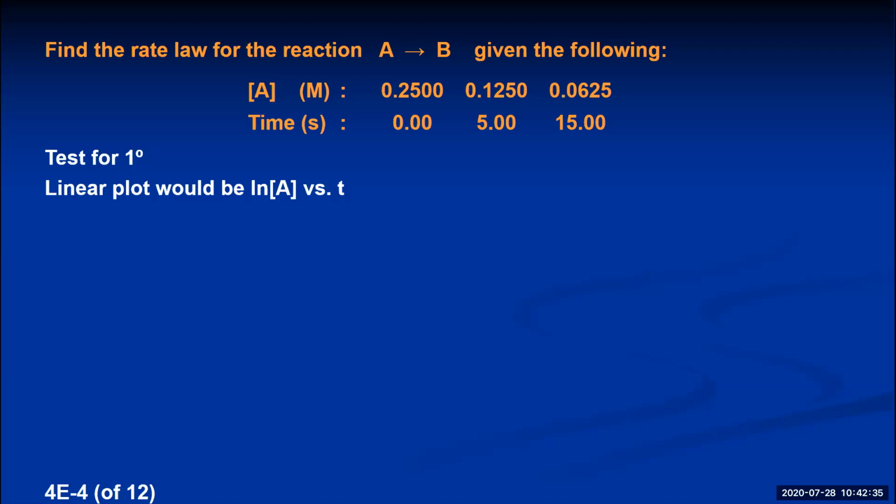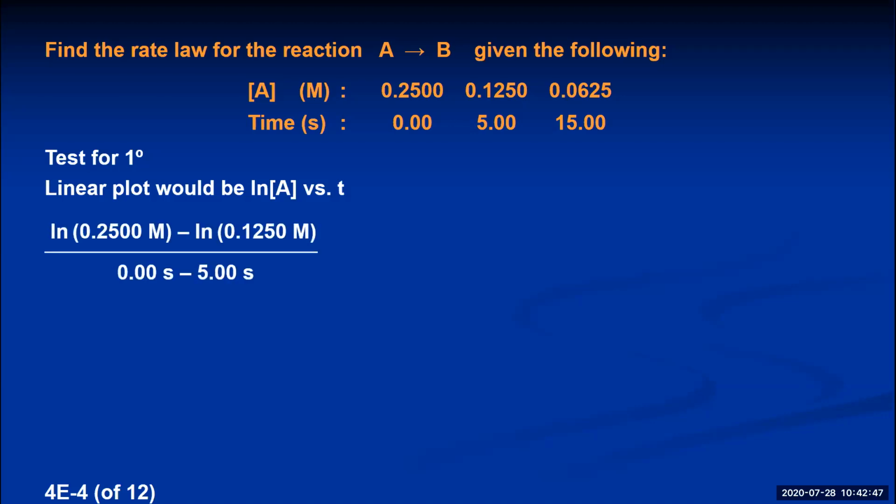In the numerator, my difference in y's would be natural log of 0.2500 minus natural log of 0.1250. The denominator would still be difference in x's, the difference in times, that would be 0 minus 5. So now I can calculate what the slope would be if I'm graphing natural log of A versus time. Now, when you take the natural log of a number that has units, the units disappear.